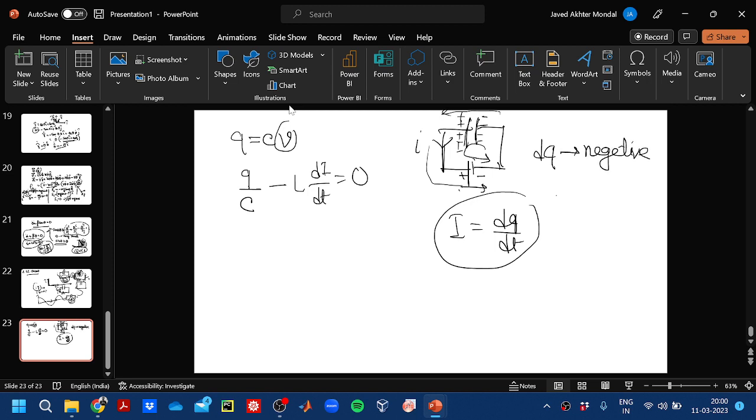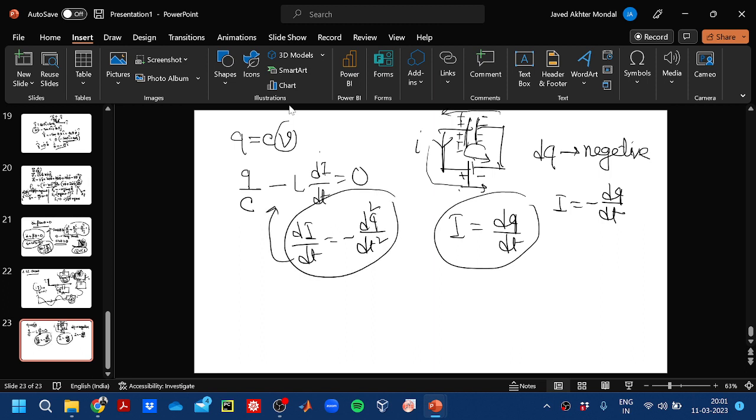So if dq is negative, then we have to write I as minus dq/dt, and di/dt will be minus d2q/dt square. If we plug this into the equation, we get d2q/dt square plus 1 by LC times q equals zero. So this exactly looks like our harmonic oscillatory motion.